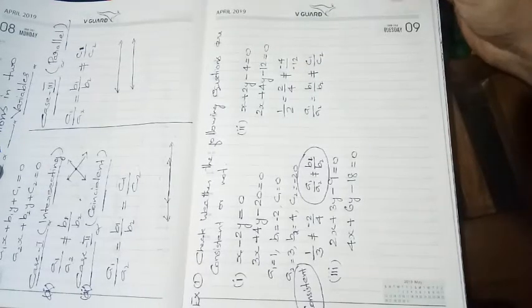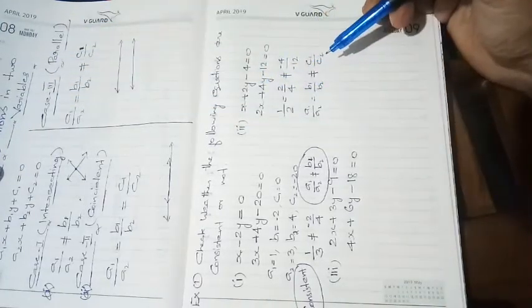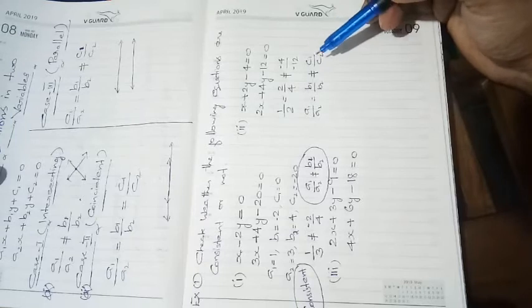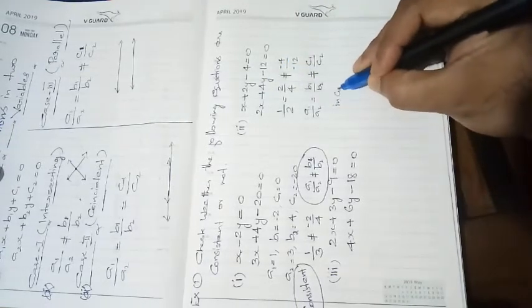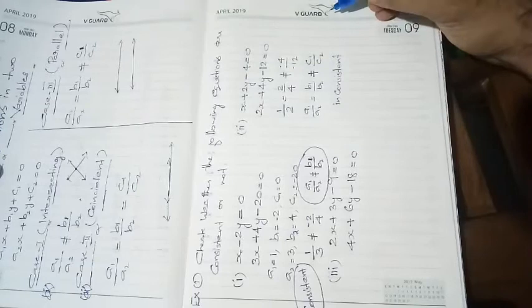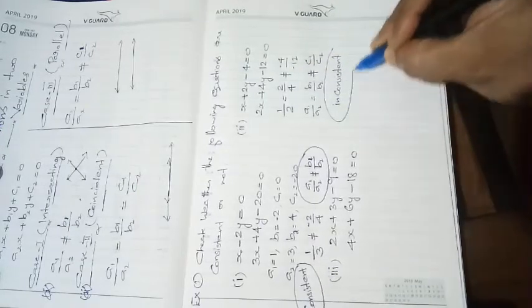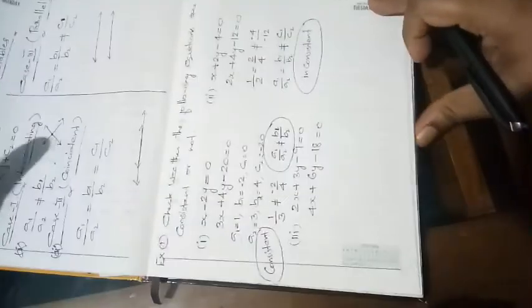Which means it belongs to the third case, that is, the two lines are parallel. So we can say that it is inconsistent. Lines are parallel, so it is inconsistent. Is it clear?